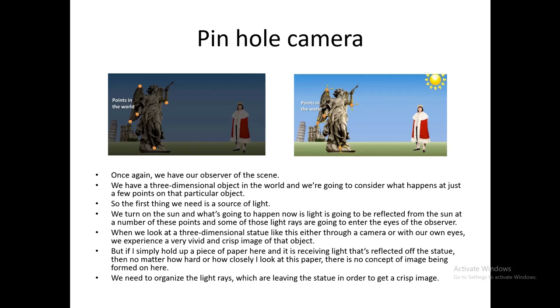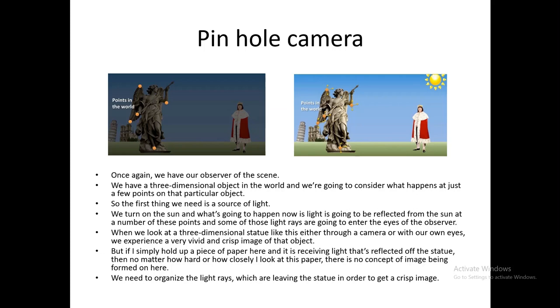We turn on the sun, and sunlight is going to be reflected from the object at a number of these points, and some of these light rays are going to enter the eyes of the observer.